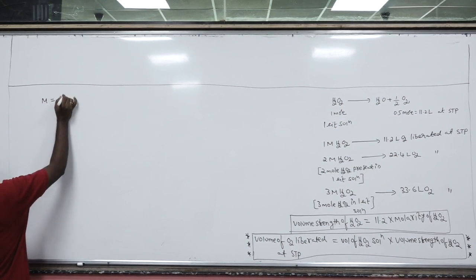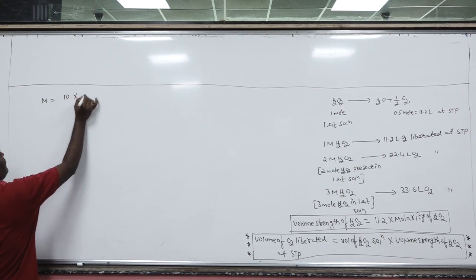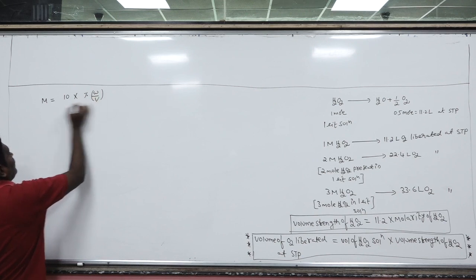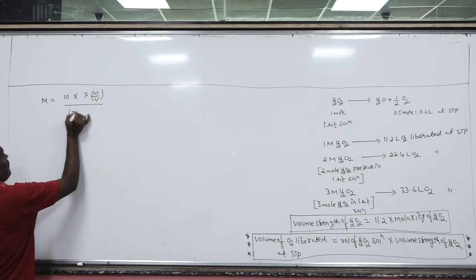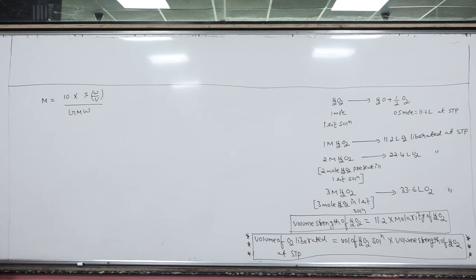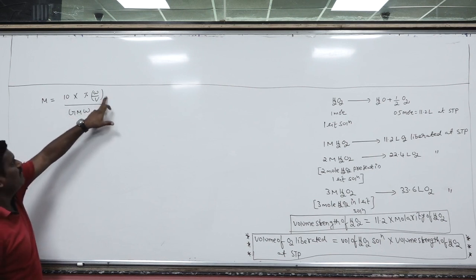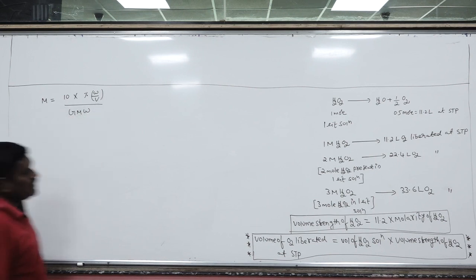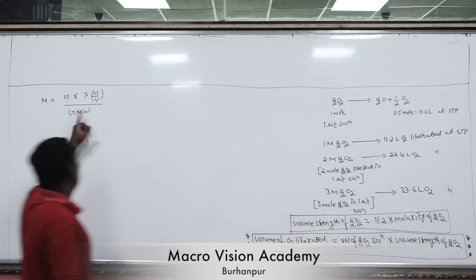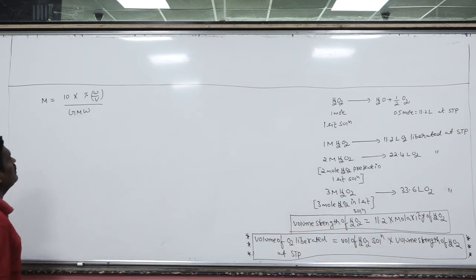Molarity is equal to 10 into percentage weight by volume, whole divided by gram molecular weight. We know there is a formula relating molarity and weight volume percentage. Now here, instead of molarity, shall I write 10 into percentage W by V divided by GMW? Yes.